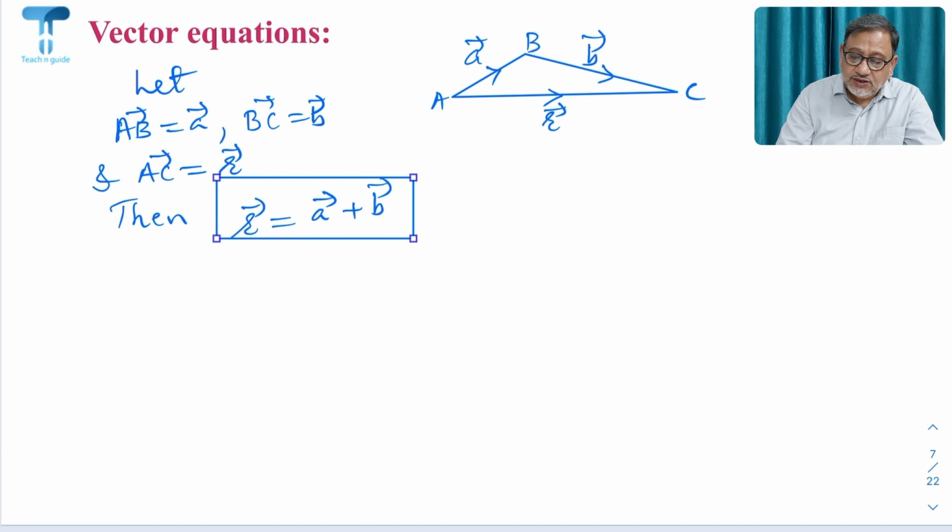Like this we can represent an equation of vectors. We can write an equation in terms of vectors. So what is that? It is nothing but the addition of different vectors.